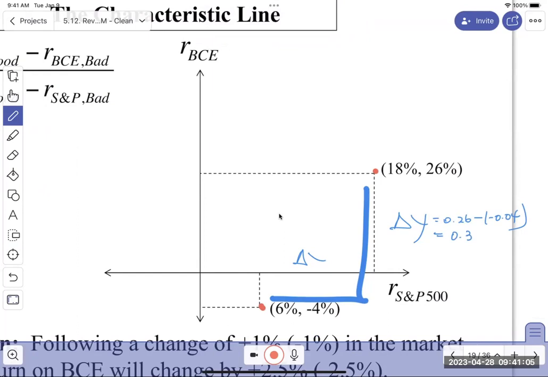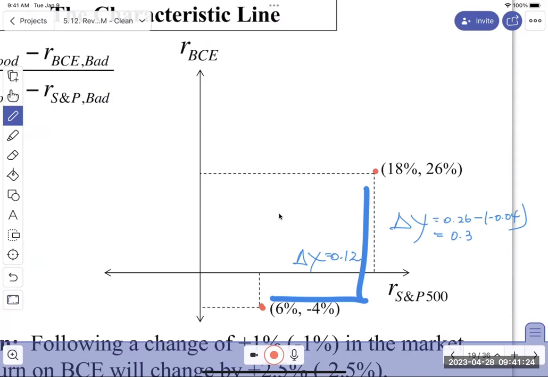And the change in X, going from here to here, 18 minus 6, is 12%.